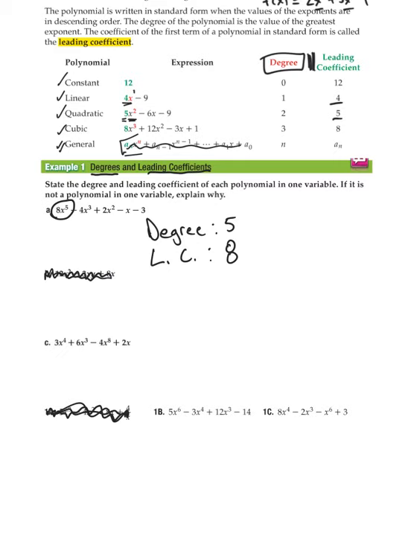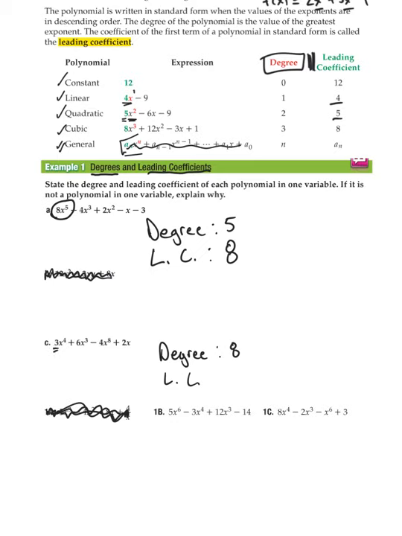Example C. What's our highest exponent? Ooh, this one's kind of tricky. It's not written in what we call standard form. The degree, the highest exponent, is 8. Because it's not written in standard form, the leading coefficient is not the number out in front, it's not this 3.